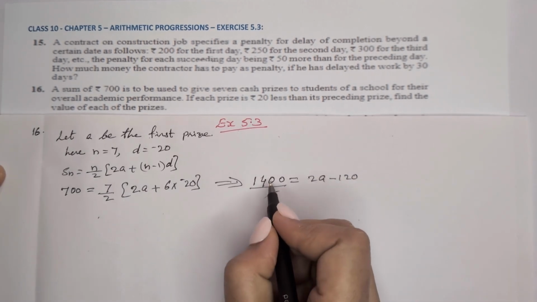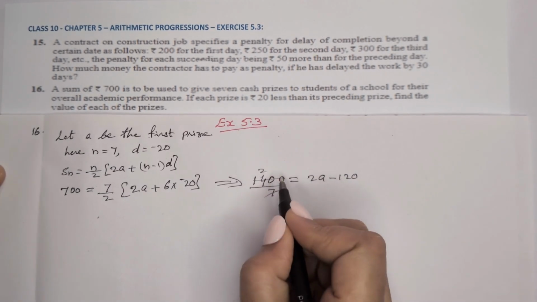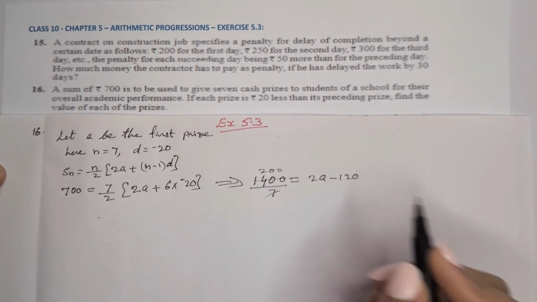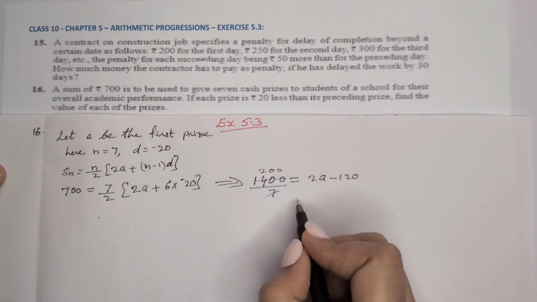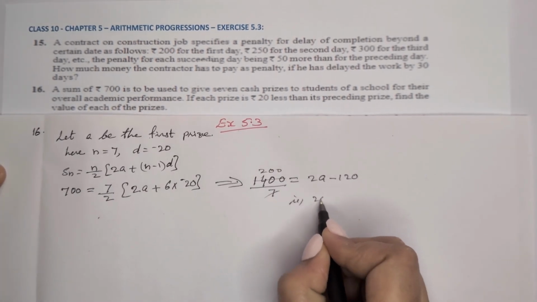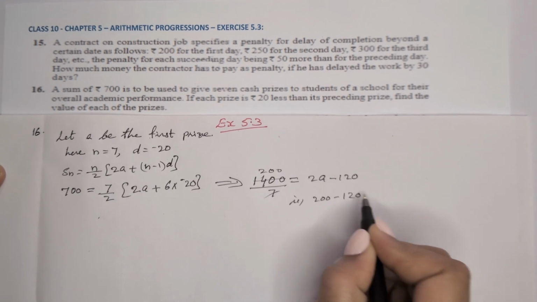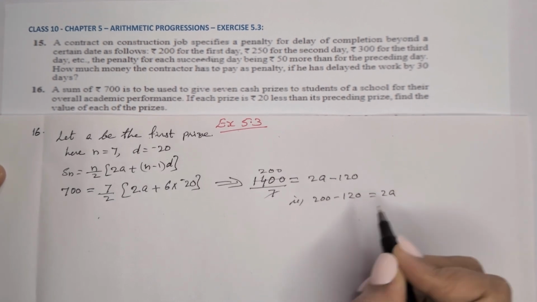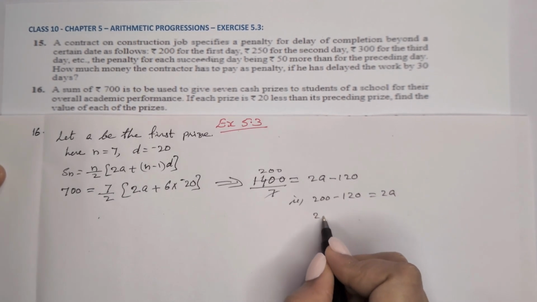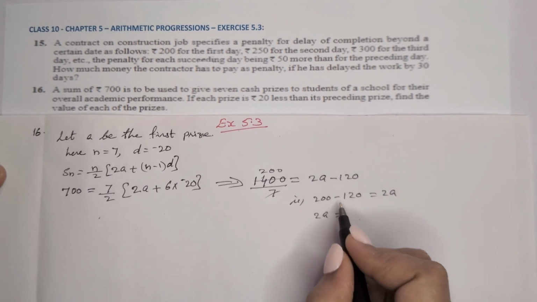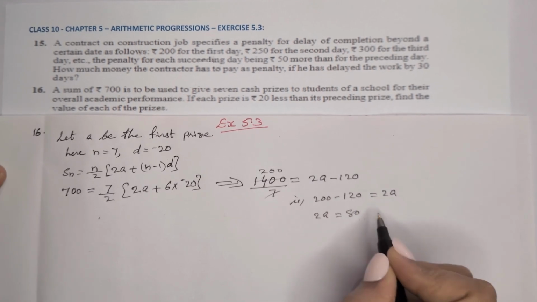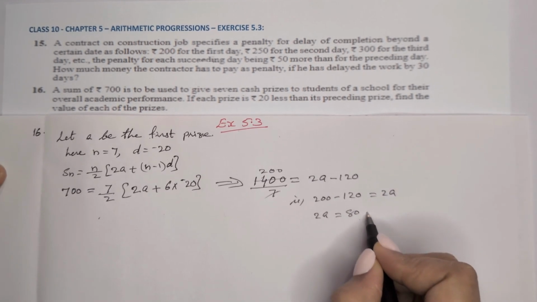So when we are dividing here, 200, then 200 minus 120 is equal to 2a, which means 2a is equal to 80.